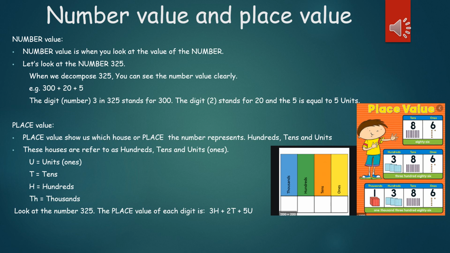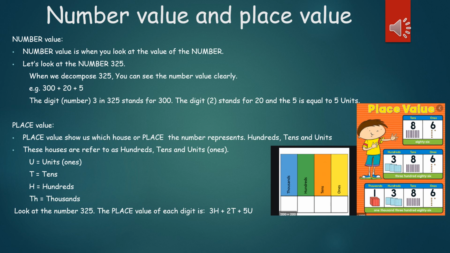Place value. Place value shows us which house or place the number represents. Is it the 100th house, or the 10th house, or the unit's house? These houses are referred to as hundreds, tens, and units or ones.